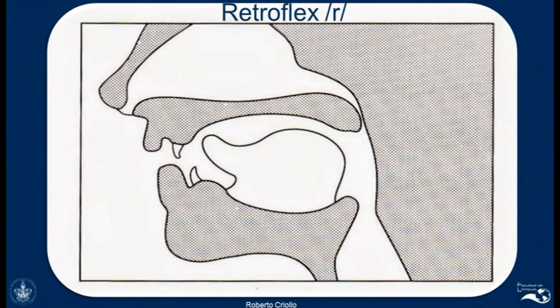We can see that the tip of the tongue is approaching or touching the hard palate, which makes it curve back, and this kind of flexion of the tongue is what produces this kind of sound. That's why the sound is called a retroflex.